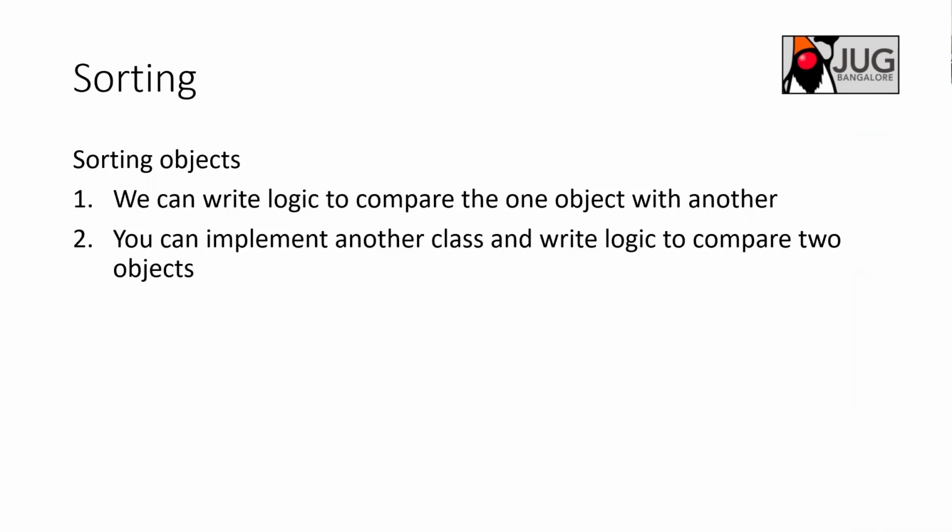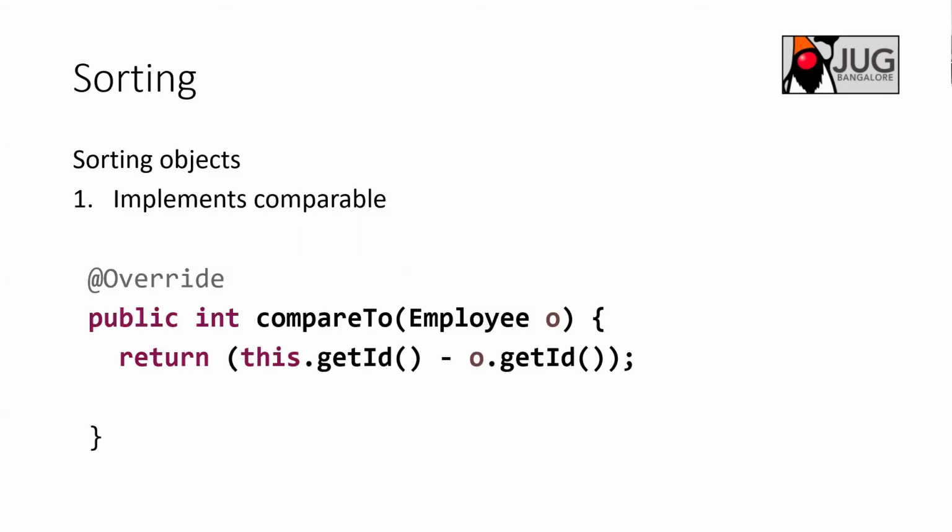Mostly different classes are preferred in larger organizations, where you don't want to change the state of the base class. If tomorrow you want to change that sorting mechanism, you don't need to modify that base class. So you have a different class where the compare logic is implemented, and you do the comparison based on that.